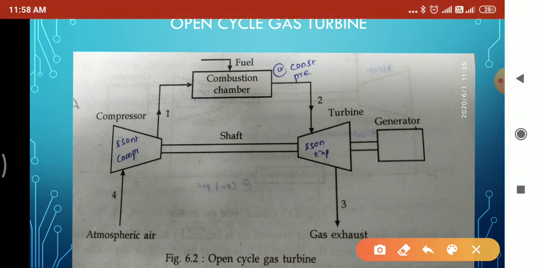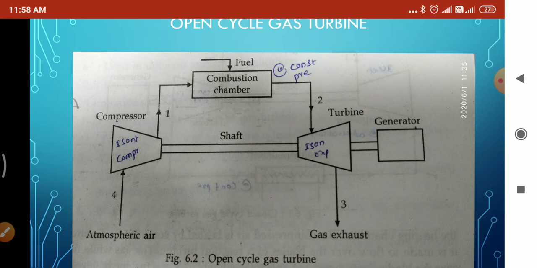So first is the compressor, second is the combustion chamber, third is the turbine which drives the generator, and fourth is the generator. These are the four main parts of open cycle gas turbine. Now we will move to the working principle of open cycle gas turbine.